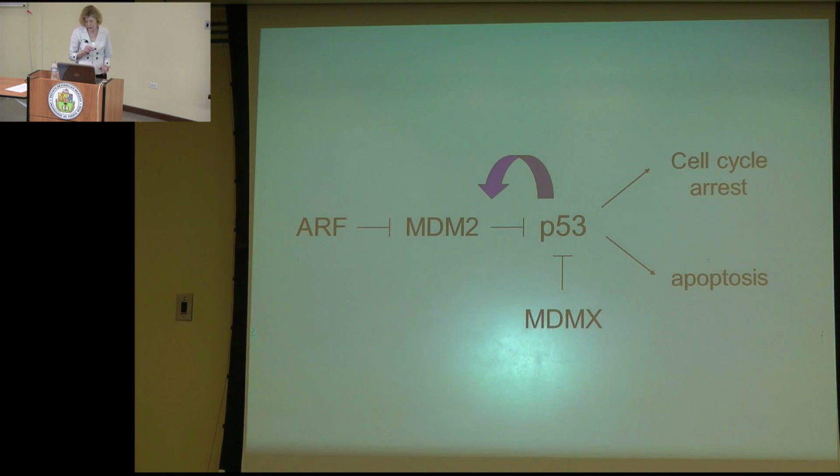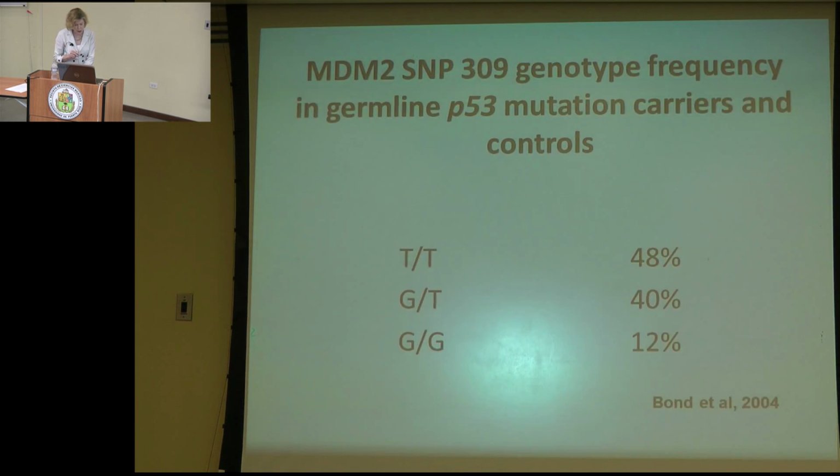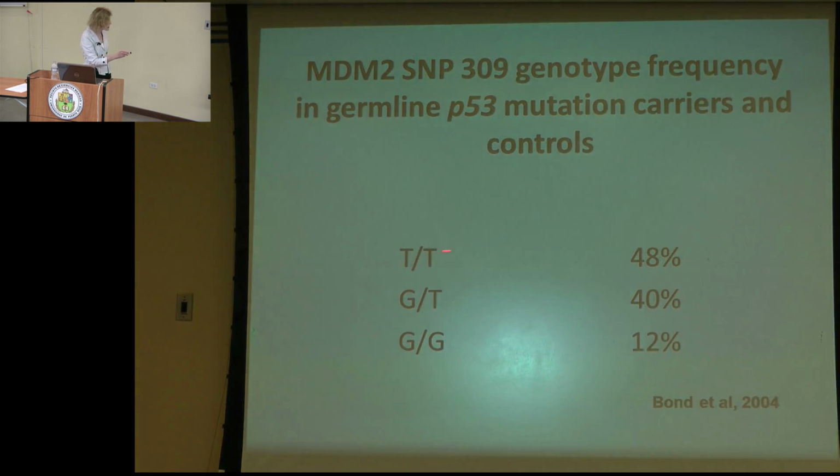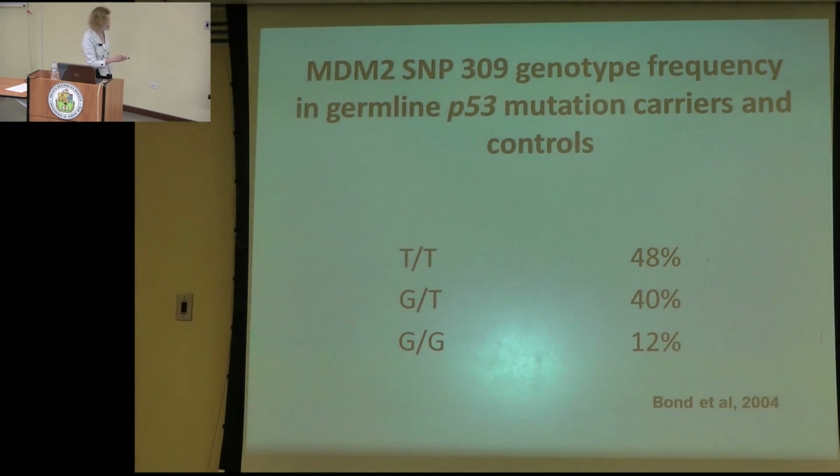So Arnie Levine some years ago identified a variant in the promoter region of MDM2 which he calls SNP309, and was interested in the impact that a rare variant in this negative regulator might have on cancer risk. In this situation, the T allele is the common allele, and the G allele is the variant that he identified.